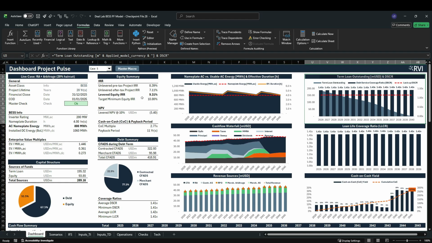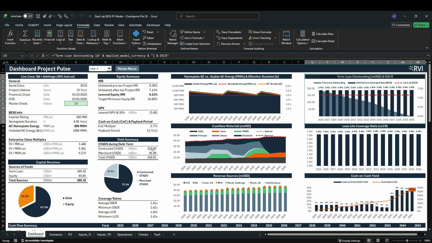Our levered equity IRR in the debt base case would be at 9.3%, which means we would be below hurdle, leading to a negative NPV of 5.4 million. Then you will also see that the CFADS during our debt term are now split into contracted and merchant CFADS. Most of the CFADS are contracted, 77% are contracted.